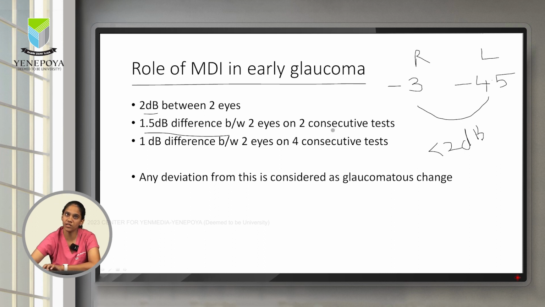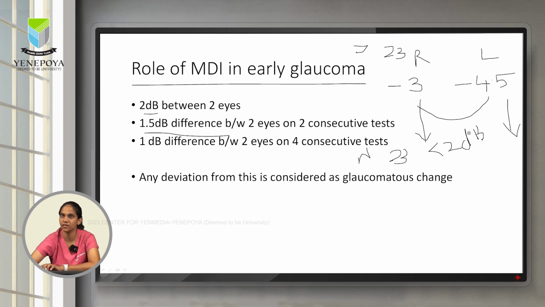In 2 consecutive tests, say in the second test also, this was in June 23. You take the next thing in November 23. In November 23, if the same thing is followed, this 1.5 decibel difference is still maintained.